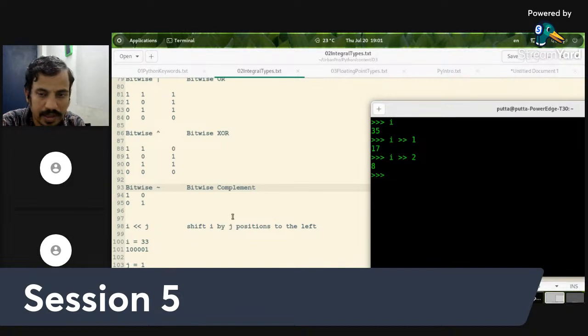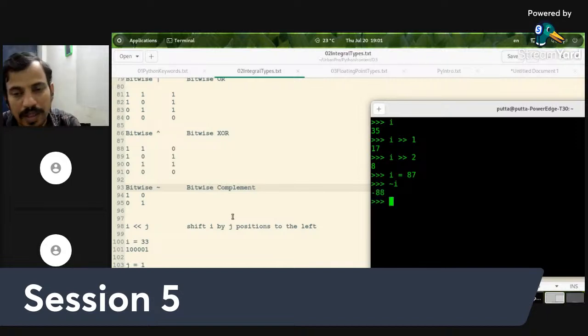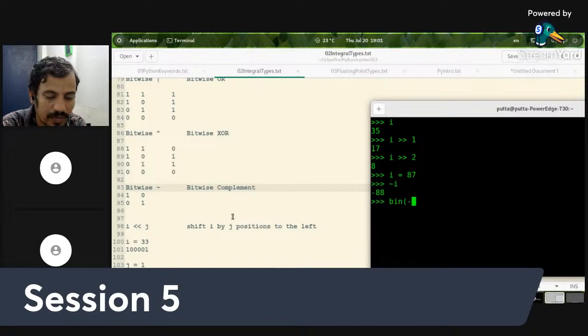Let's take the value of I equal to something, let's say 87. And then we perform a bitwise complement of I. The result that we get would be minus 88. So bin of minus 88, bin of 87.